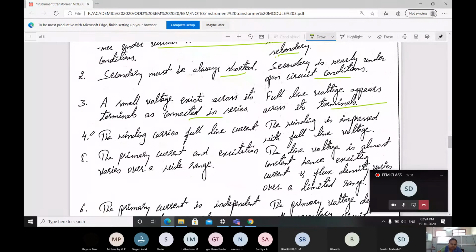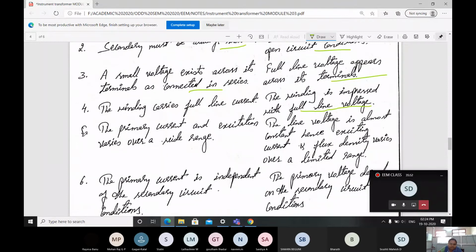Then the fourth point, the winding carries full line current. The winding in the current transformer is carrying the full line current. In the potential transformer, the winding is impressed with the full line voltage. Then the fifth one, the primary current and excitation vary over a wide range.